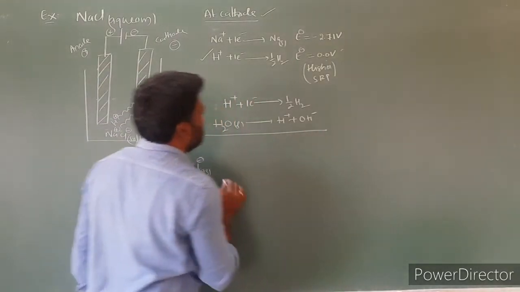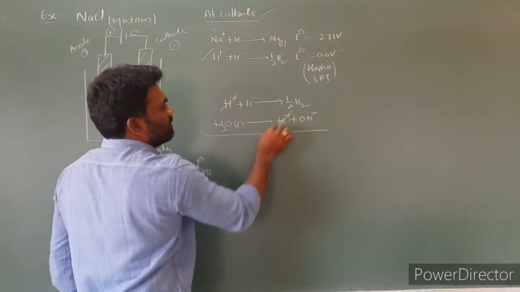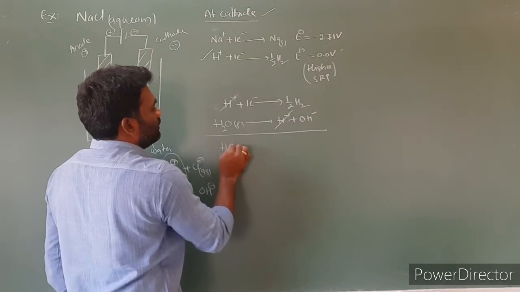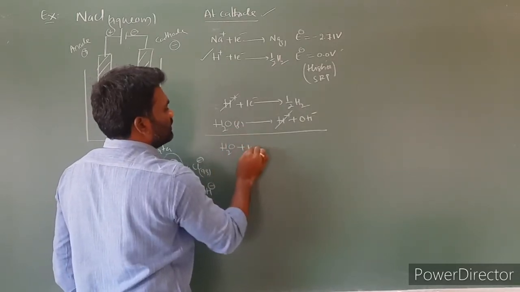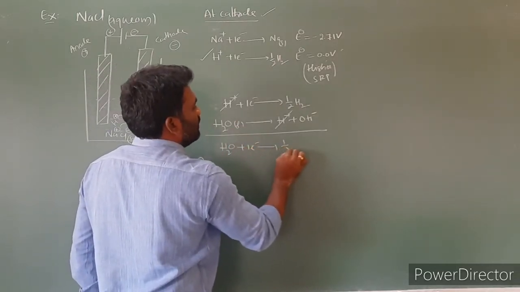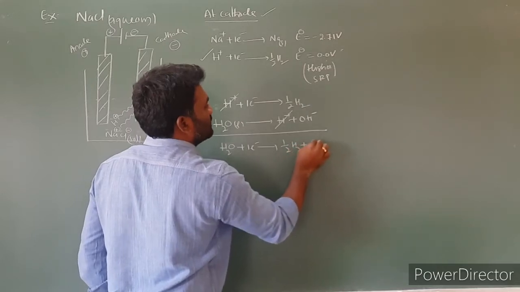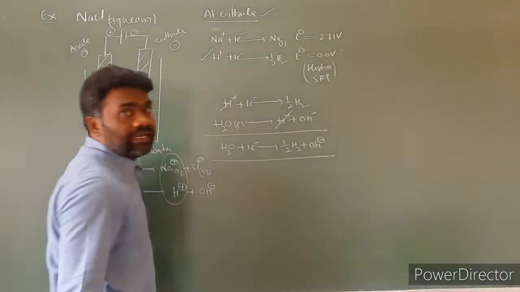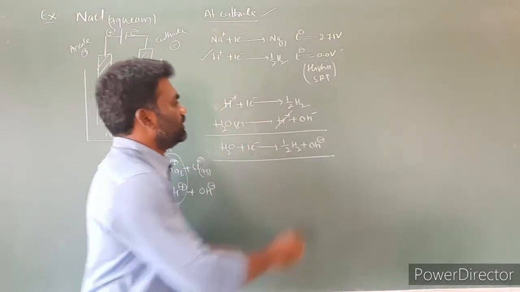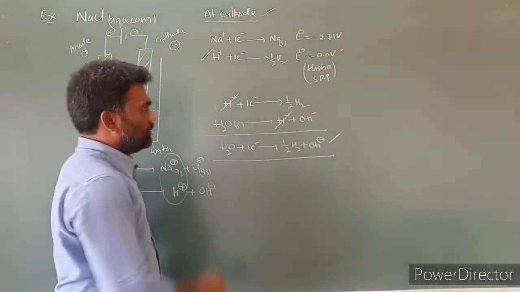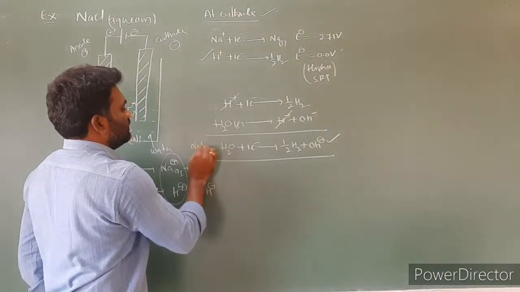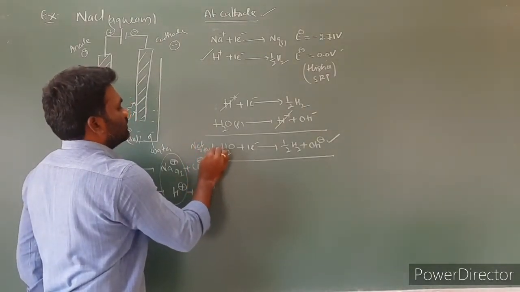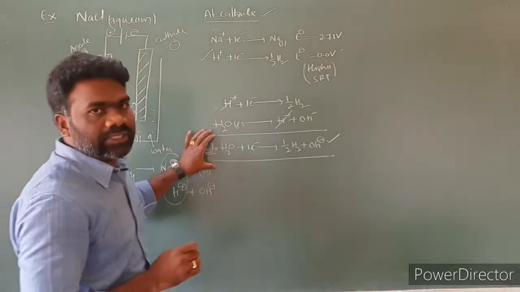Then by cancelling H plus, H2O plus 1 electron gives rise to half H2 plus OH minus. So while writing the equation at the cathode, this is the reaction we have to take. This is the net reaction at the cathode.